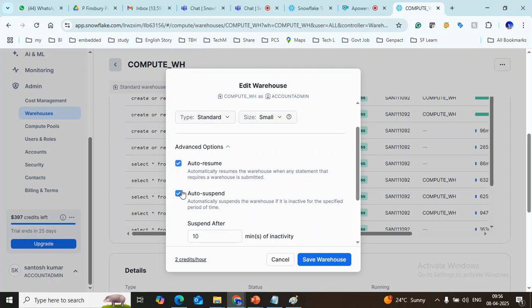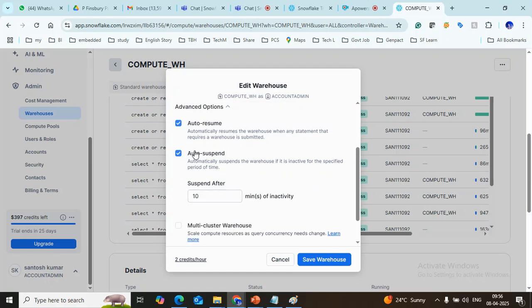Whenever we fire any query, it automatically restarts the virtual warehouse. Here we have a suspend time, so we can set how much suspend time we want. The warehouse checks whether any query is running. If not, it is automatically suspended, and billing is not charged. So this is the difference.